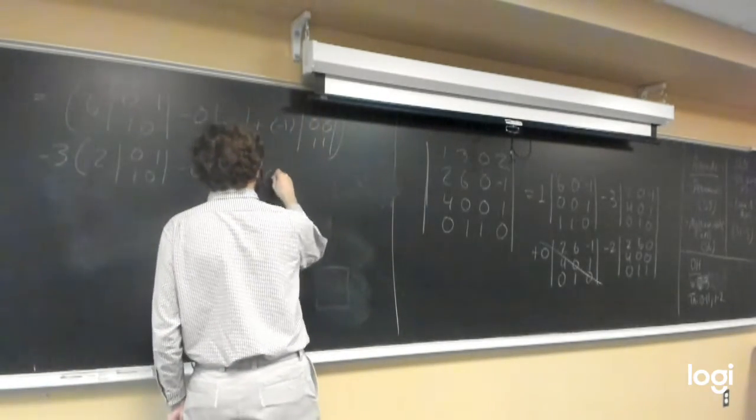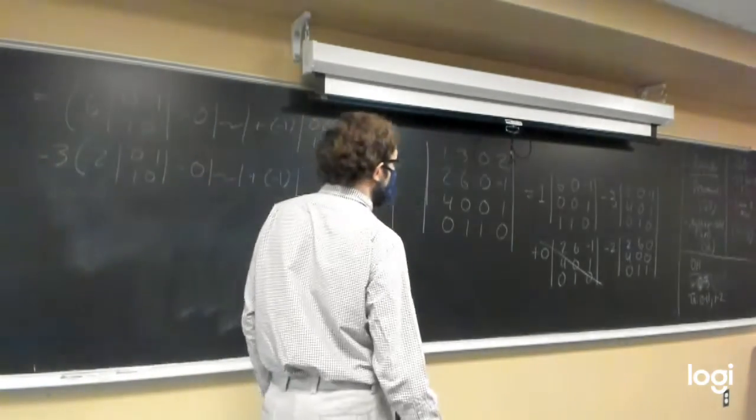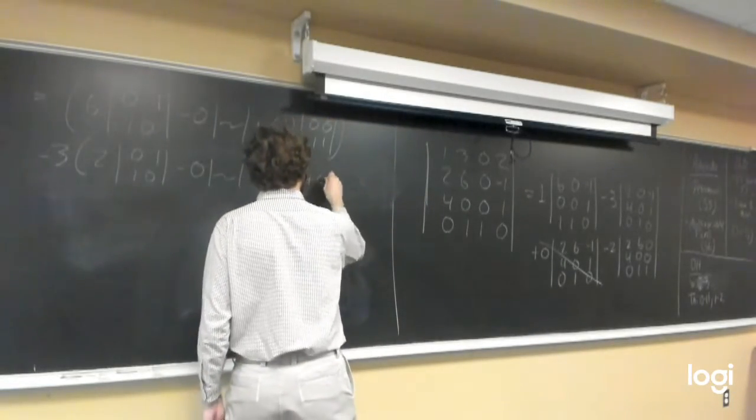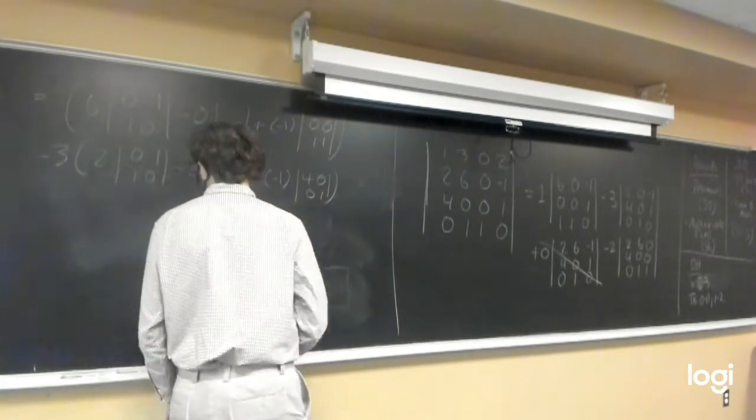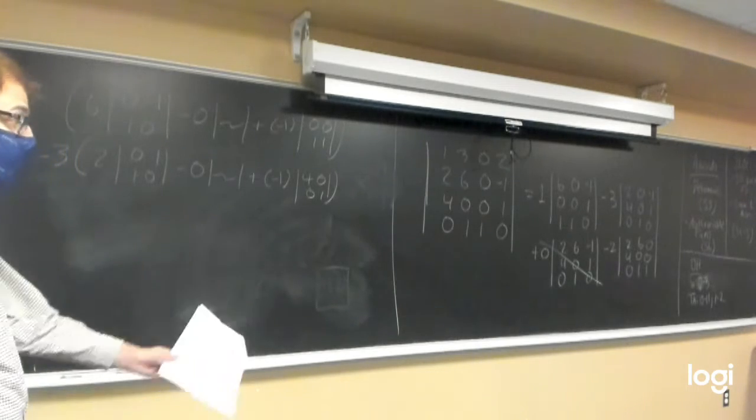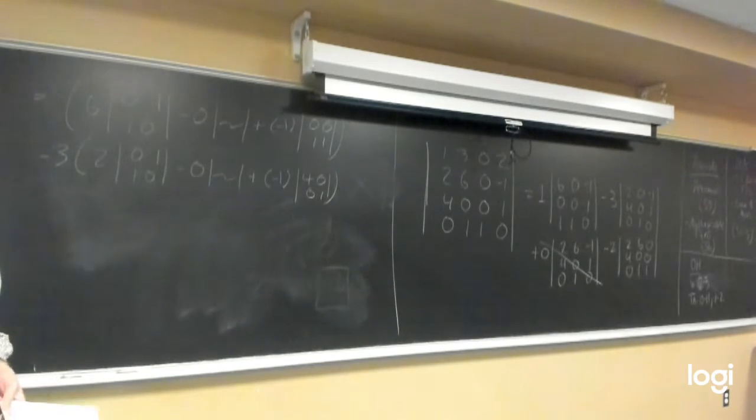And again, plus a negative 1 times the determinant of this time 4, 0, 0, 1. And then finally, our last determinant.